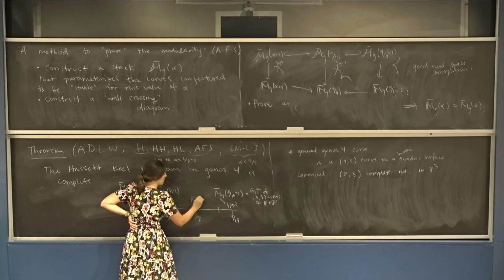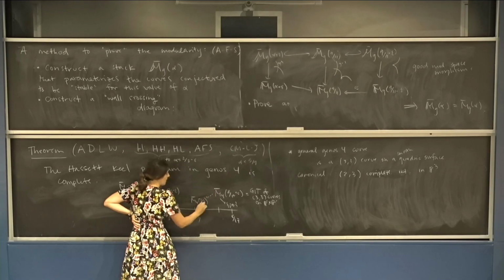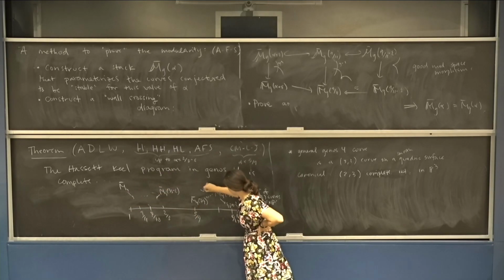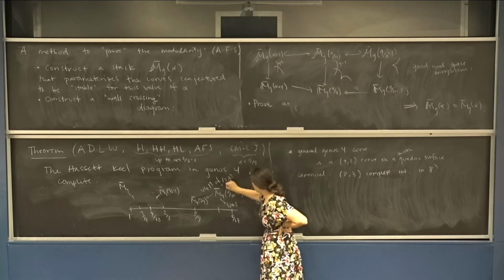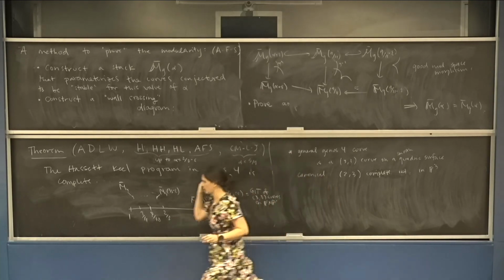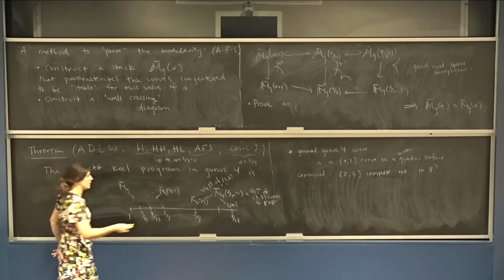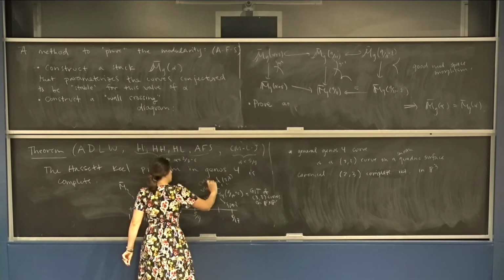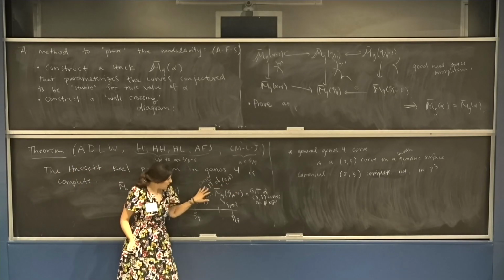So I'll put it M4 bar 5/9 of 2-3 complete intersection curves. And this is the work of CMJL. So they construct a VGIT.